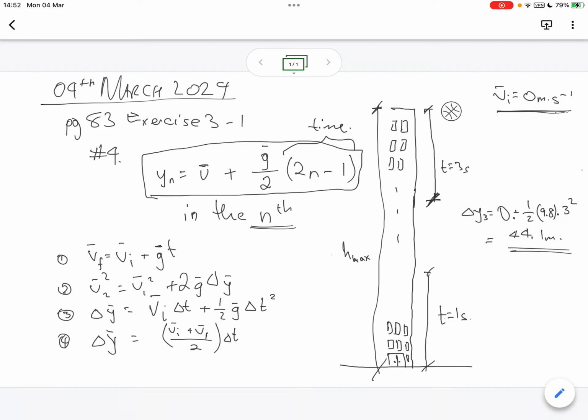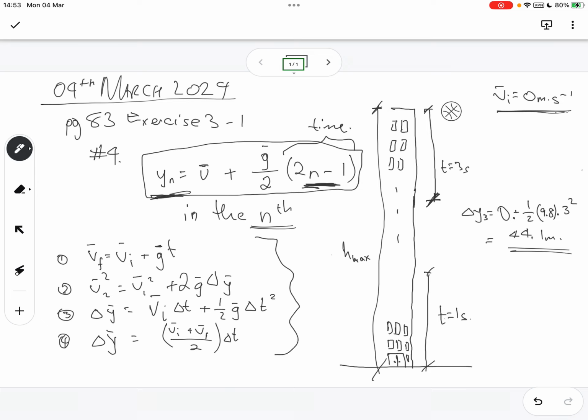Okay. Now we've got the distance it traveled for the first 3 seconds. And according to the question, it's bringing back y_n equals velocity multiplied by gravitational force over 2 multiplied by 2n minus 1. So even though we have the distance traveled in the first 3 seconds, we still don't have a way of explaining where the 2n minus 1 comes from, and most importantly, how this equation was derived.